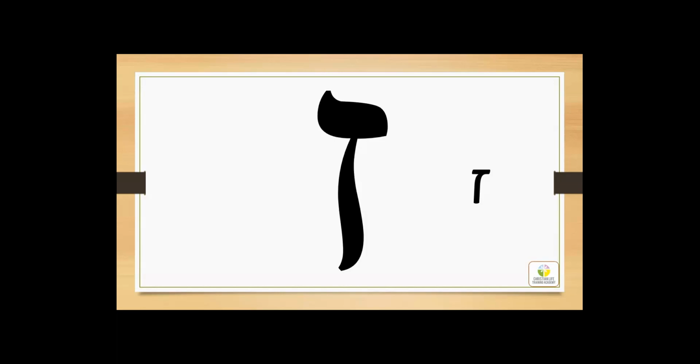Zion. Have you written it? So that's Aleph, Bet, Gimel, Dalet, Hey, Vav. And that is Zayin. Got it? Zayin is a Z.